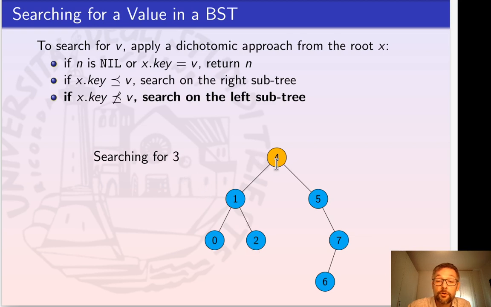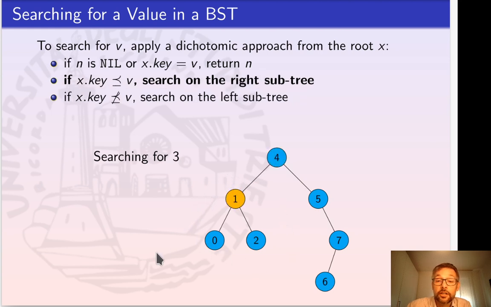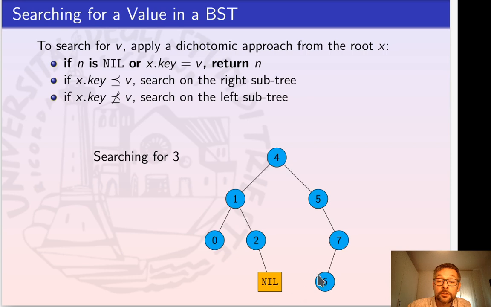So 3 is smaller than 4, so we need to search for it on the left subtree of 4, and so we move to the left child of 4, which is 1. 1 is smaller than 3, so we move on to 2, and 2 is smaller than 3, so we again need to move to the right side, which unfortunately is nil. Again, here you can see why it is in some sense important to deal with nil nodes.